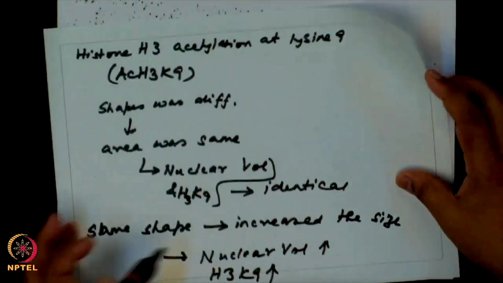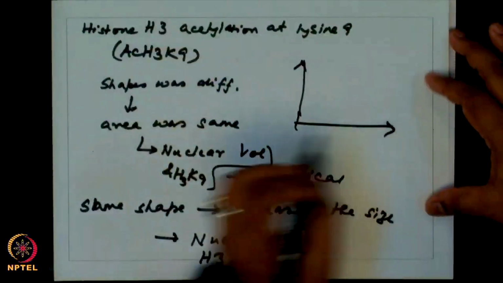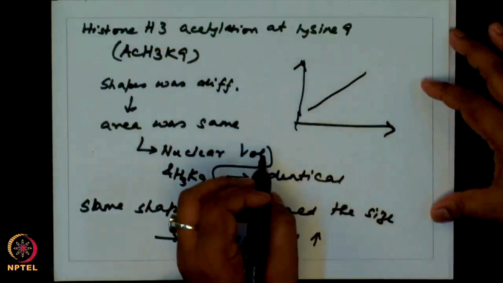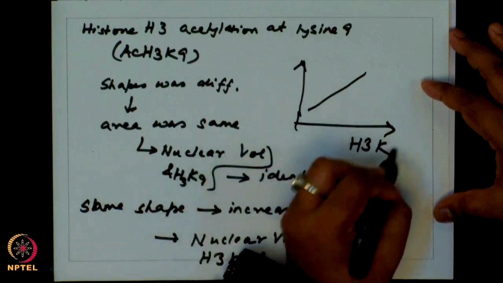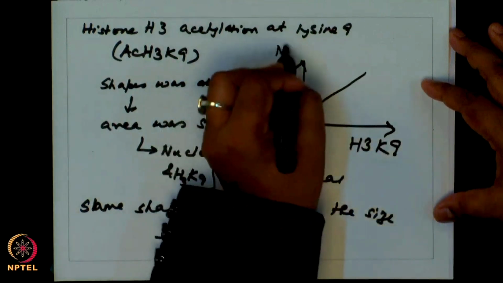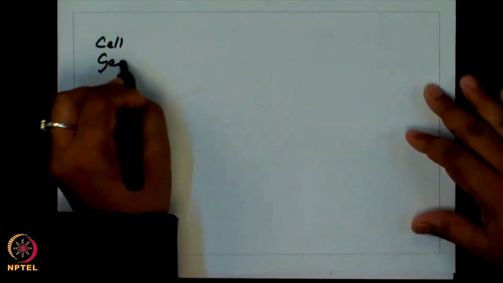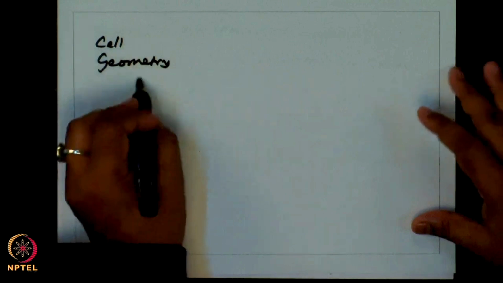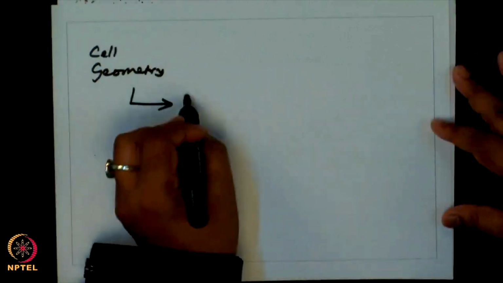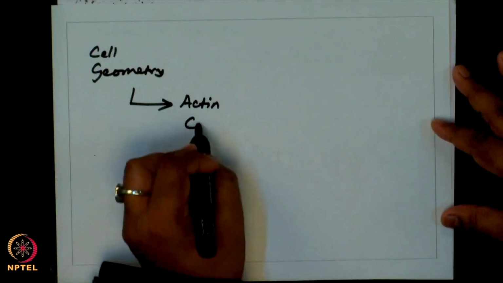These experiments revealed that across the conditions there is a very linear relationship between H3K9 acetylation levels and nuclear volume. Based on this, they suggested a pathway in which any cell geometry that you regulate will influence the actin cytoskeleton.